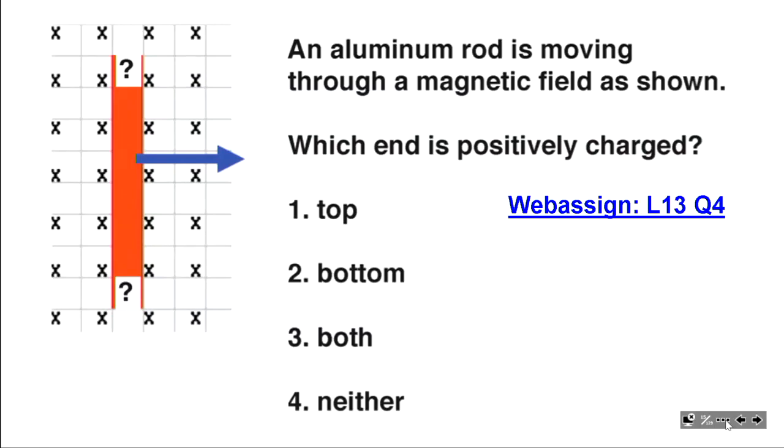All we have to do is draw a single electron which is being moved inside the bar. Single electron, like this guy. The velocity of this electron is provided by, well, the velocity of the bar, and the velocity of the bar may be provided by our hand, which makes it move.